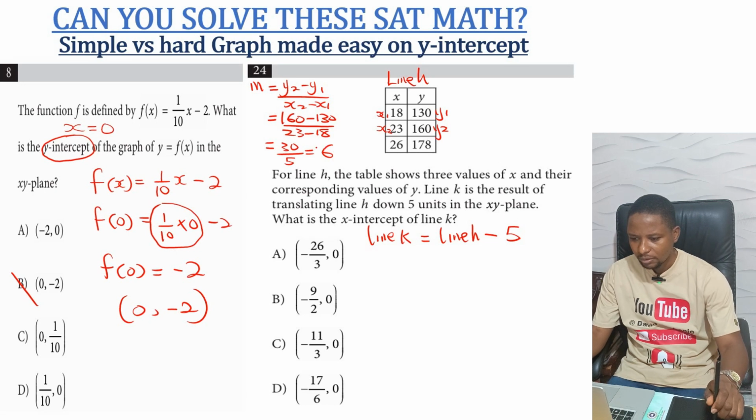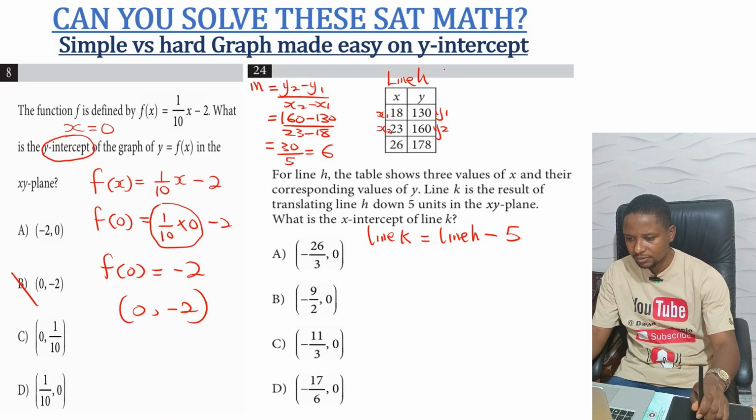And how do I generate this equation? I can use a point and a slope, meaning I have a point and a slope. My slope I have gotten to be 6, and I'm going to use a point, which is the first point, that's 18, 130. And this is my x1, y1.